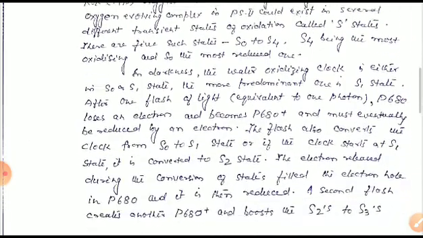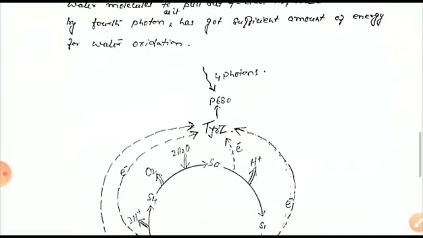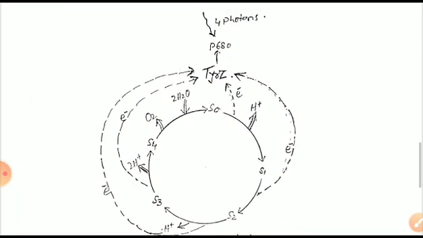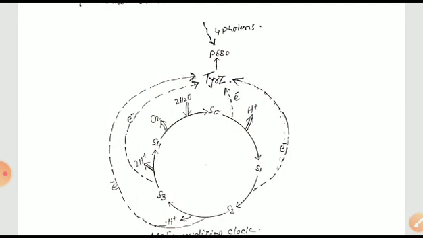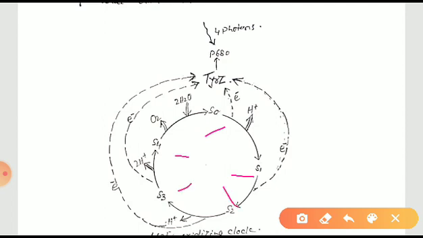This we can see here with the help of a diagram. These states are S0, S1, S2, S3, and S4, S4 being the most oxidizing and S0 the most reduced one.